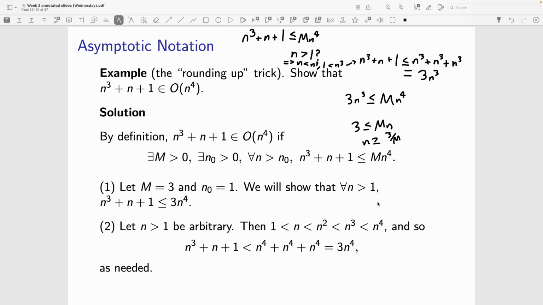And then we would be able to choose any m we want, and we would say that n naught is 3 over m plus 1 or something. I don't know, maybe. But this example does a somewhat sneakier trick that results in a somewhat more elegant solution. Because it's kind of gross how we have this fraction here. Everyone hates fractions.